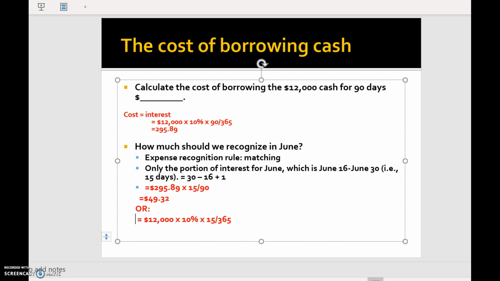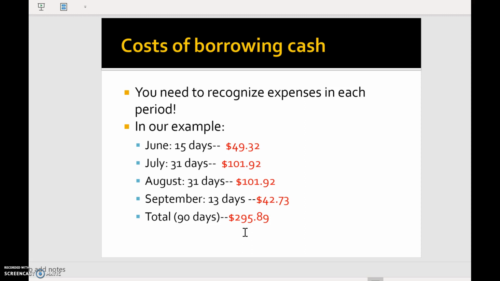It will give you the same answer. Now, if you think about every month, in June, you should recognize interest expense of $49.32. In July, we are using the loan for 31 days, that's July the 1st to July the 31st, so that's $101.92, and so on and so forth. For the total 90 days, it is $295.89.